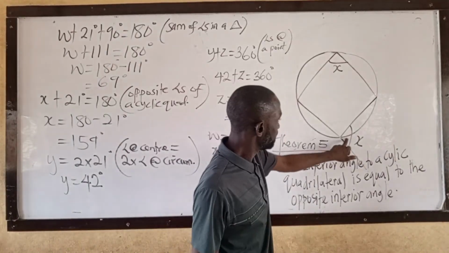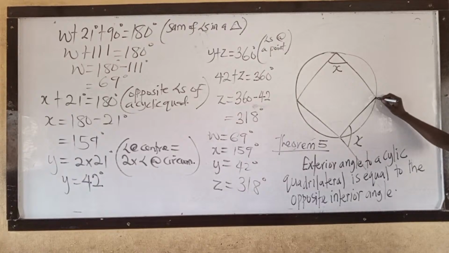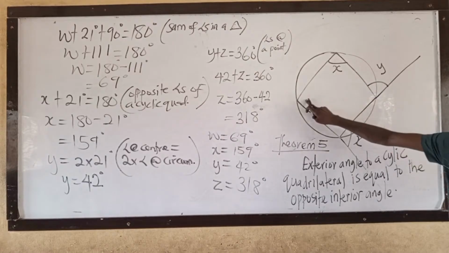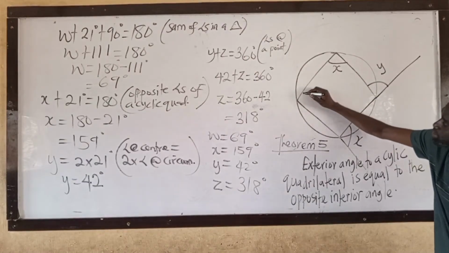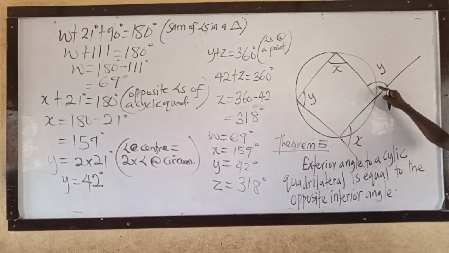So this one is x, this one is y. Let me extend this one, and I put y here. This is our y. So what is y? 10.